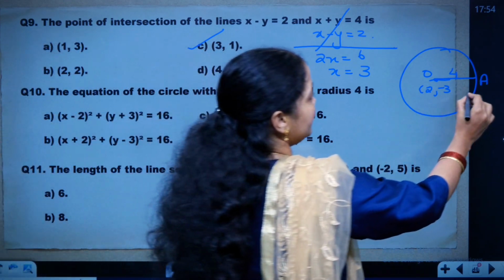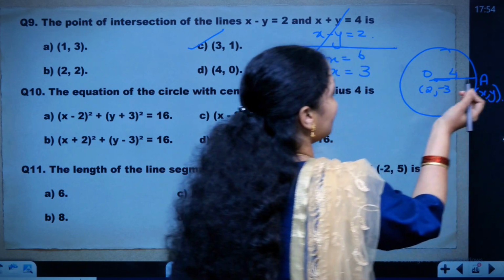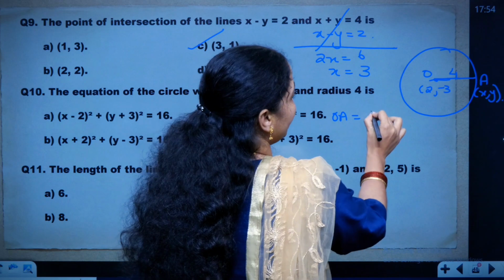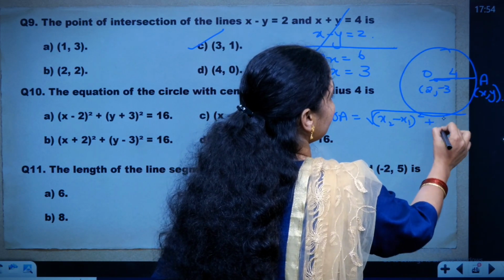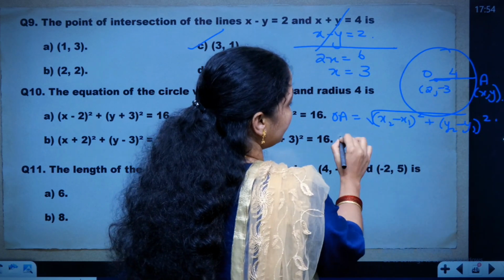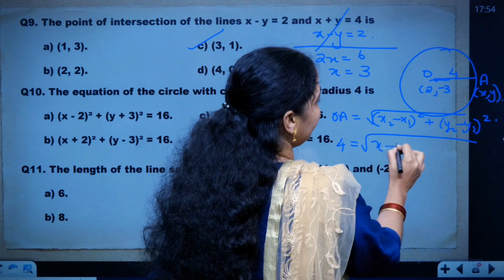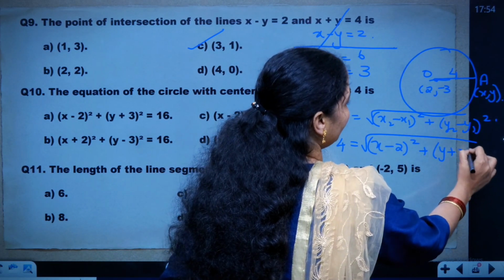I will consider this to be equal to (x, y). So using distance formula, I know that OA will be equal to square root of (x2 minus x1) whole square plus (y2 minus y1) whole square. What is OA length? It is given 4 equal to square root of (x minus 2) the whole square plus (y plus 3) the whole square.